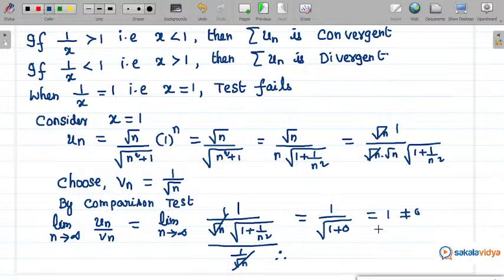So that means here the limit does not equal 0. So what do we write now here? Sigma Vn is convergent. Okay.